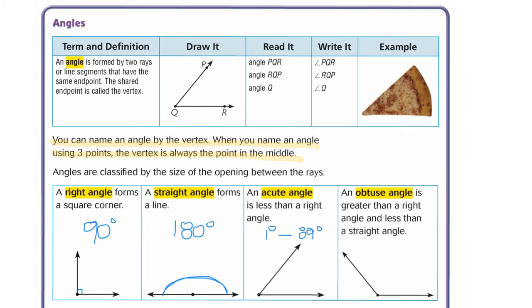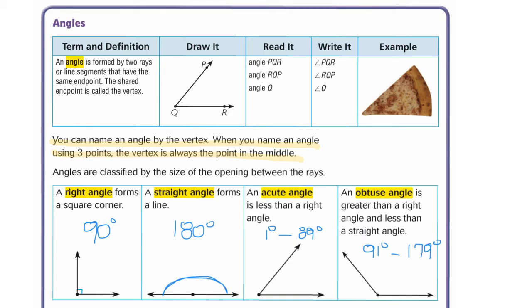You could say it would range from 91 degrees all the way to 179 degrees. Any angles that measure in this range would be called an obtuse angle.